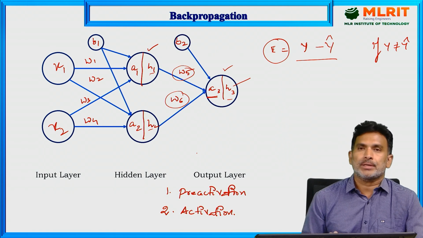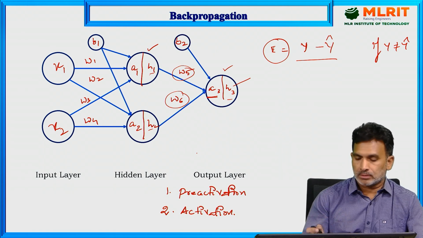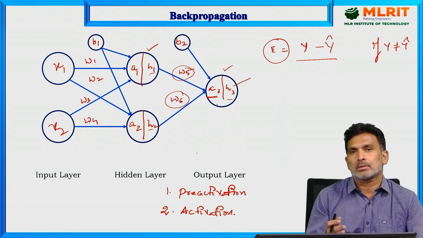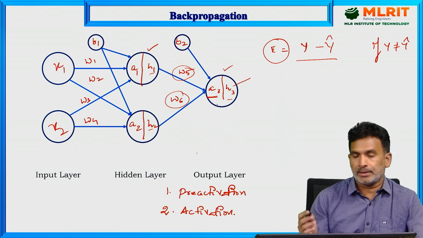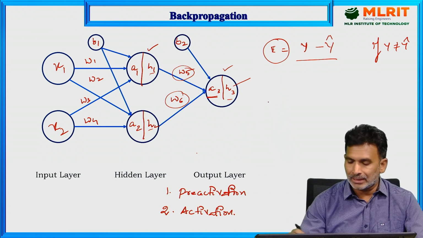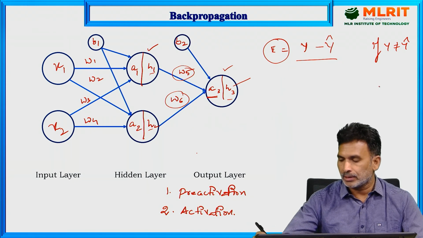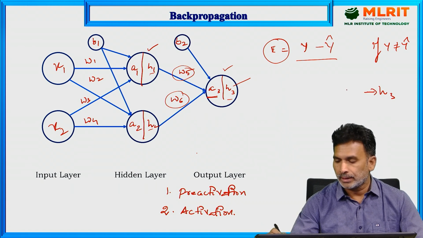If you take H3, it depends on A3, because A3 is the information passed to the activation function in this layer, and then we get H3. So H3 depends on A3.